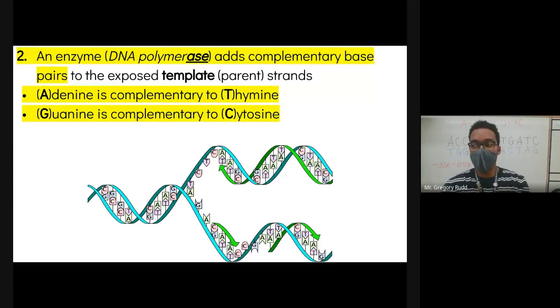So it's going to add complementary base pairs to both of the newly exposed strands. So after helicase comes through and it unzips the DNA, we end up with 2 exposed strands. And now DNA polymerase comes through and it adds DNA to those exposed strands.